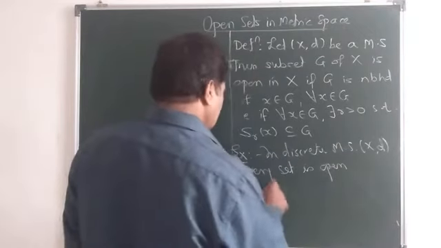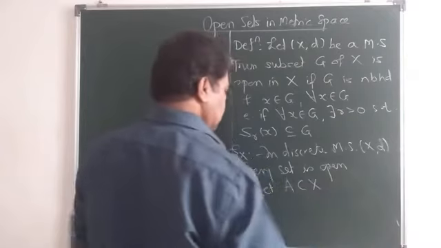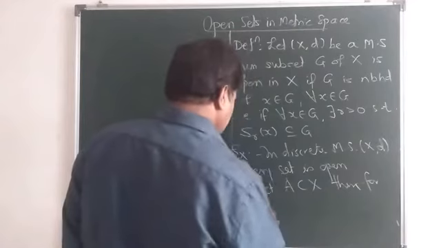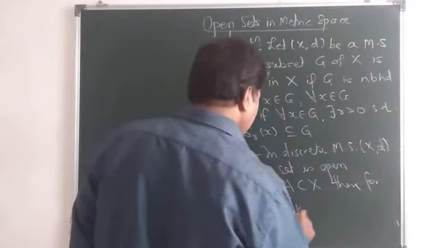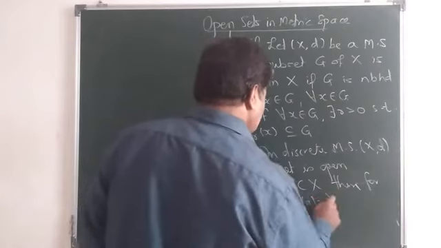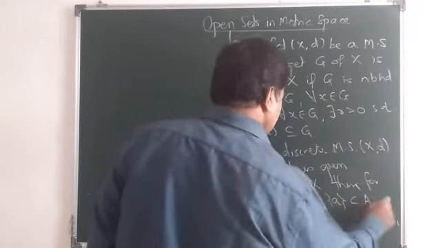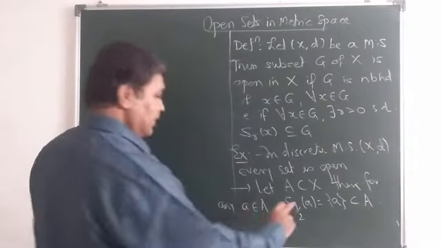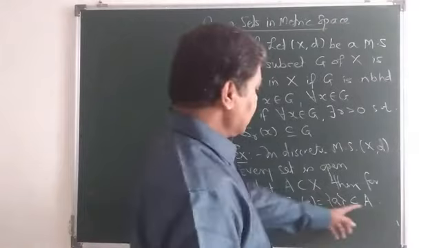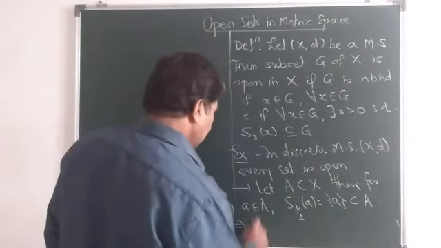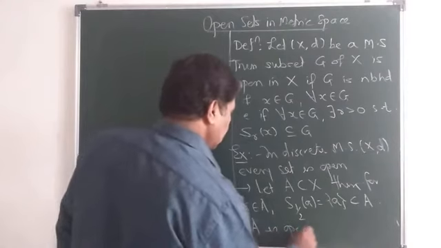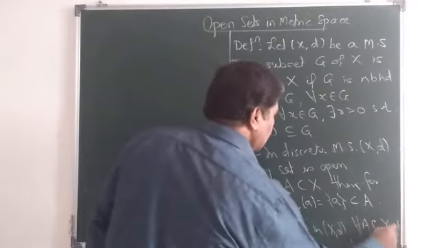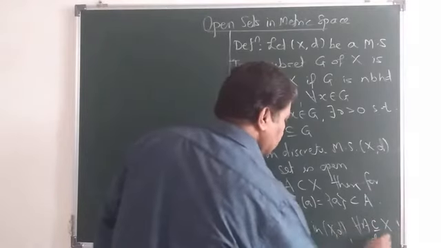So let A be a subset of X. Then for any a belongs to A, S_half(a) is just the singleton {a}, which is contained in A. This implies A is open in (X, d) for any A subset of the discrete metric space.